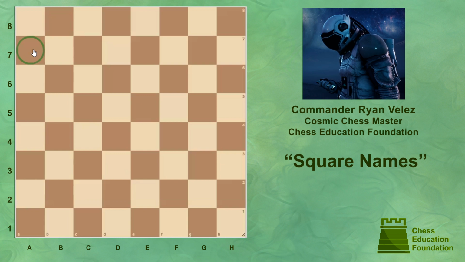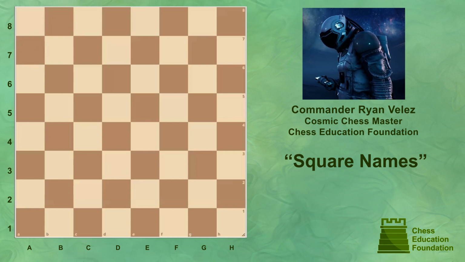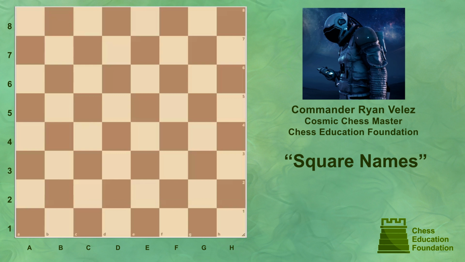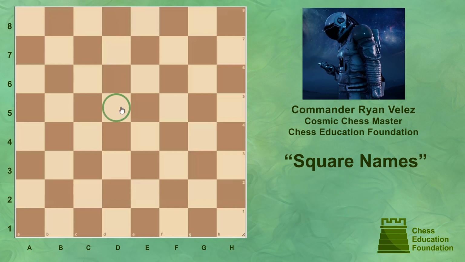Right here, right on the edge of the board, A7. All right, next let's do D5. D as in dog, so D5. Right here, this light square in the center of the board. Very good.